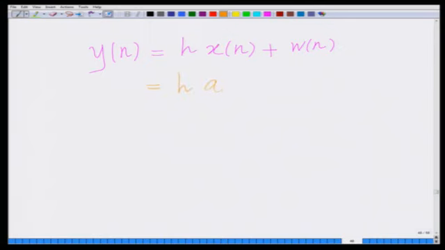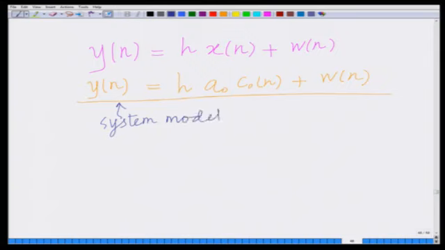We have already seen that, that is the product of the symbol and the code, and as a result I have Yn equal to h times A0 C0 of n plus Wn. Therefore, this is the system model for our CDMA wireless communication system.